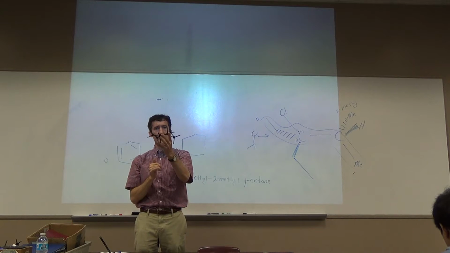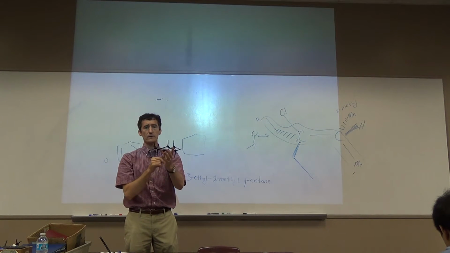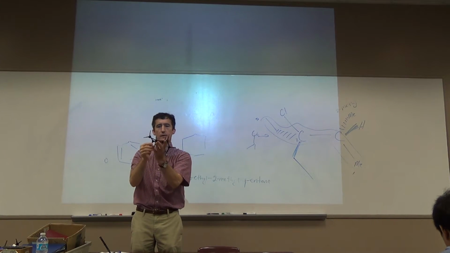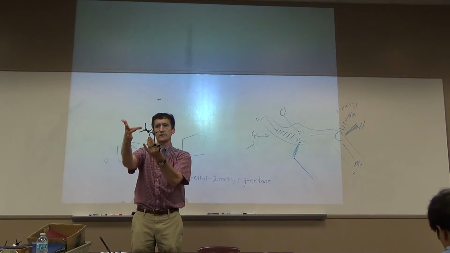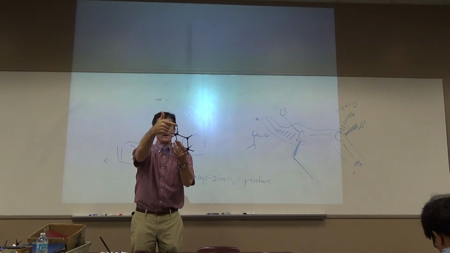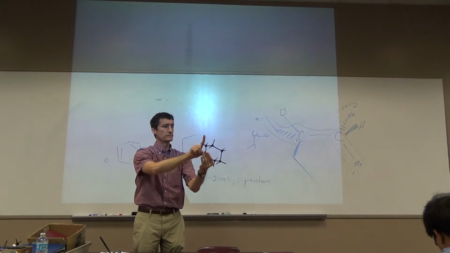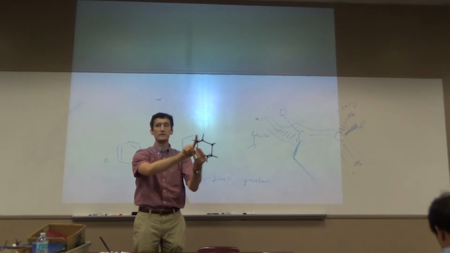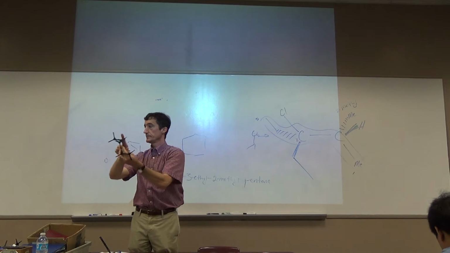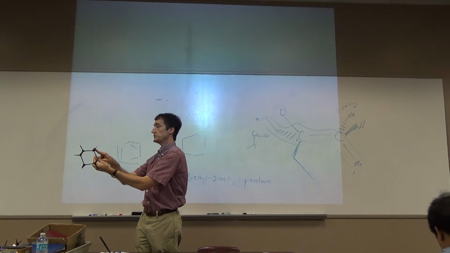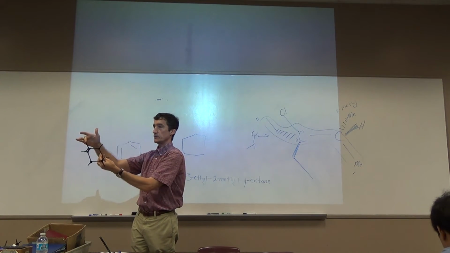Now, if we look at the H's here, remember before they were all eclipsed? Well, now let's look down the bond. There's the front H. Is it eclipsed with the back H? You see that the H's are no longer eclipsed. The H's in the back are staggered compared to that one up.